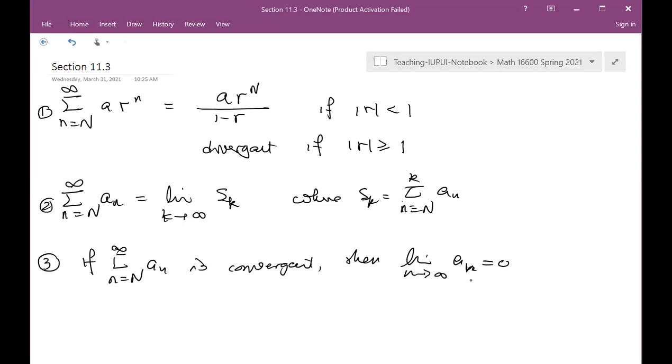And the question is, how do we check some other series, whether it's convergent or divergent? We can also use a comparison test to check the convergence. This is also an important skill, an important method.